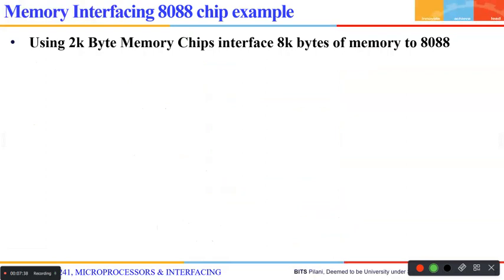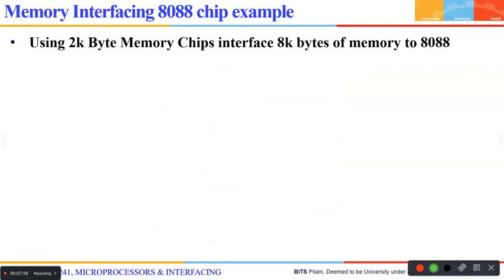Let us take an example. Directly we are coming to the example. First, we will see how we interface this memory to the 8088 microprocessor. Can you tell me the difference between the 8088 and 8086 microprocessors?